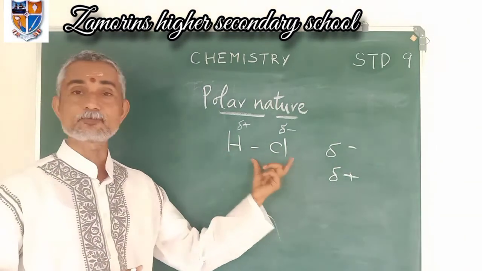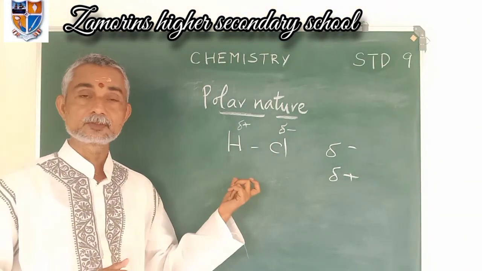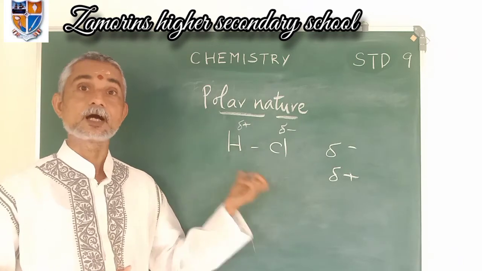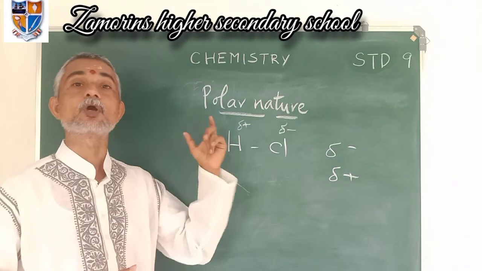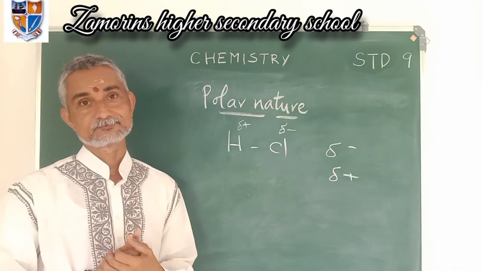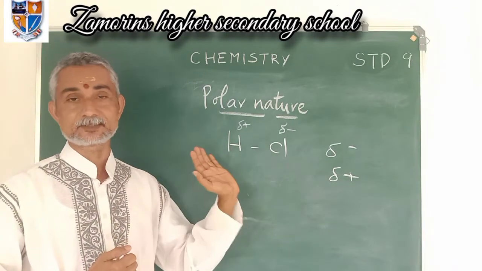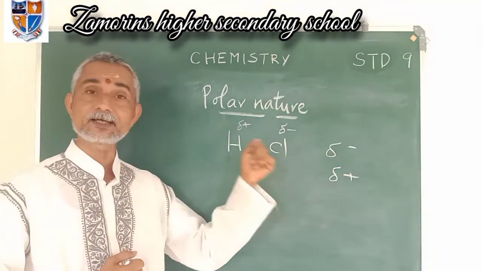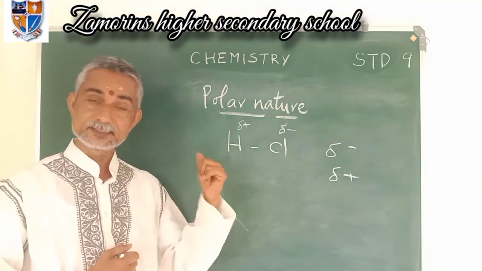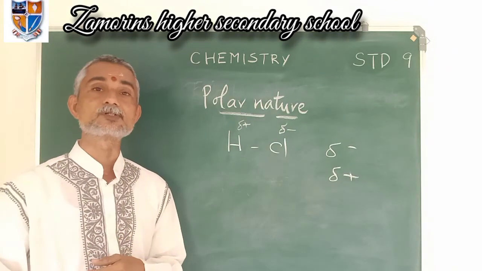So this type of covalent compound is called a polar compound, or it shows polar nature. When a covalent bond is formed between different atoms having different electronegativity, this type of polar compound is formed.